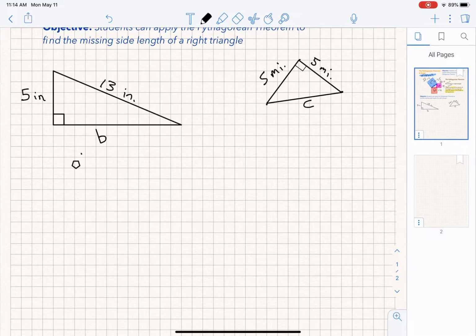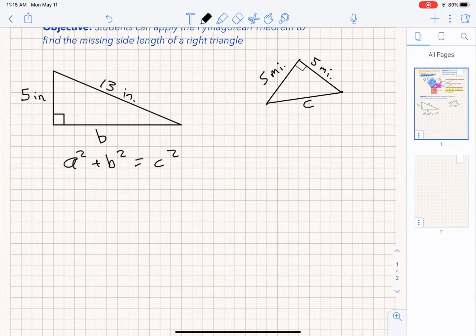So here we have a squared plus b squared equals c squared. And there's a couple keys to this, and one is to remember that the hypotenuse is always c.